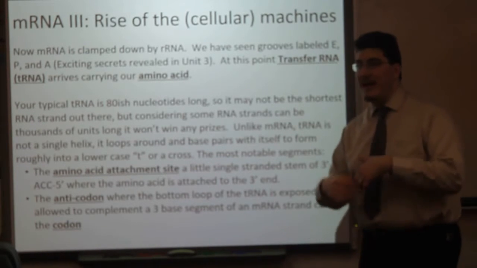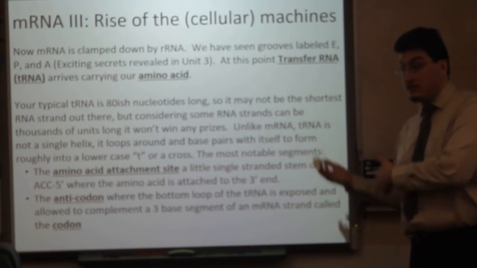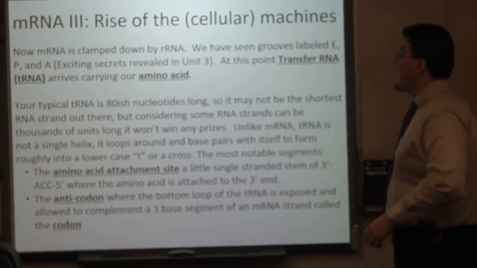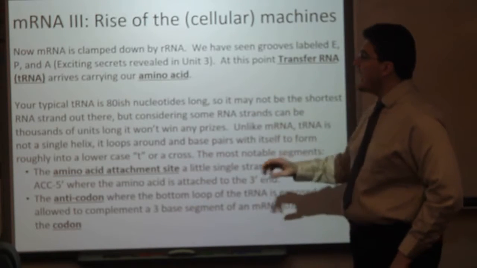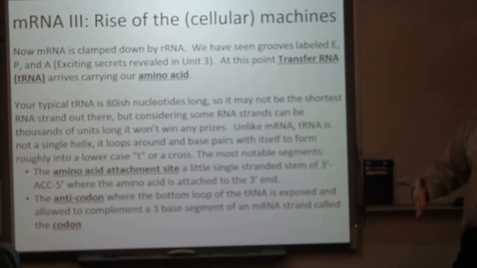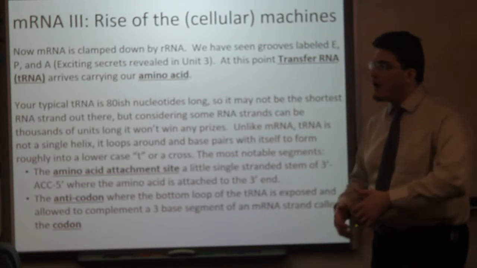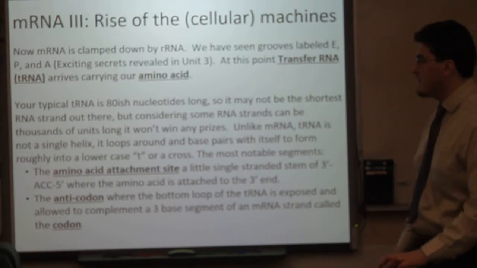This arrives carrying an amino acid. We are familiar with amino acids. We learned about them literally yesterday. Your typical tRNA is about 80-ish nucleotides long. It's not the shortest RNA strand out there, but considering some RNA strands are really, really long, it's not winning any prizes for length.